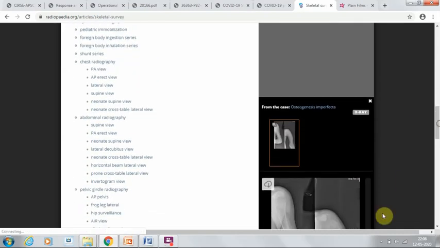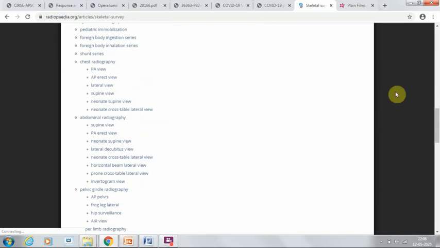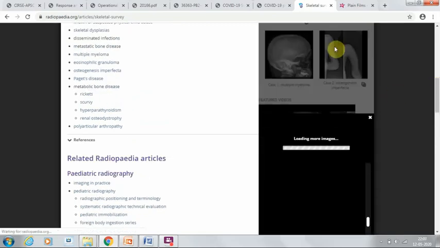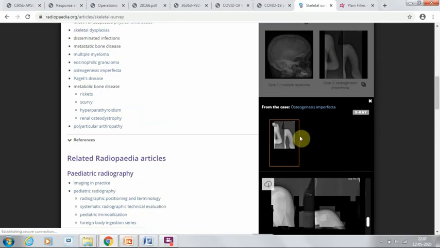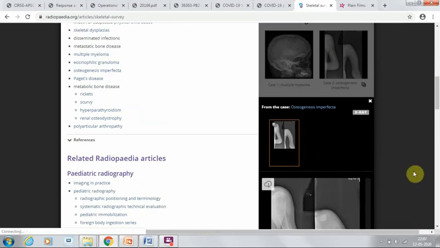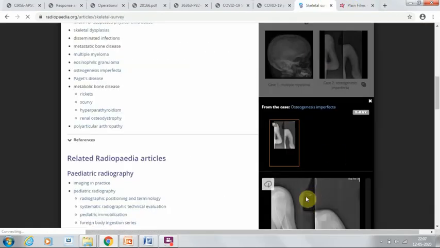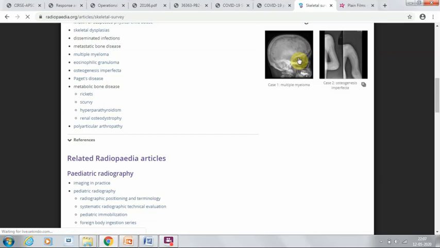You can see this is the humerus. Anyway, these are the different radiographs which will be taken.